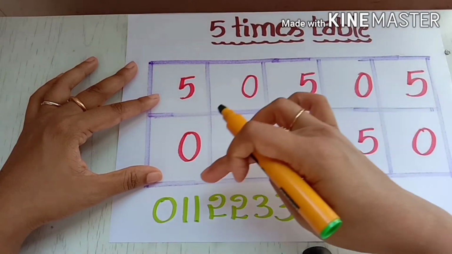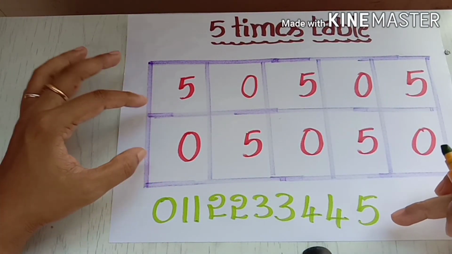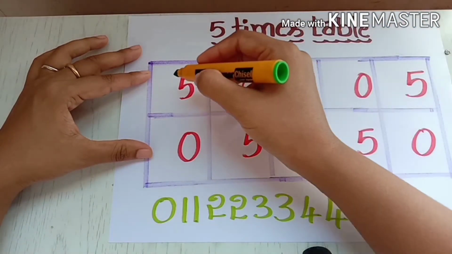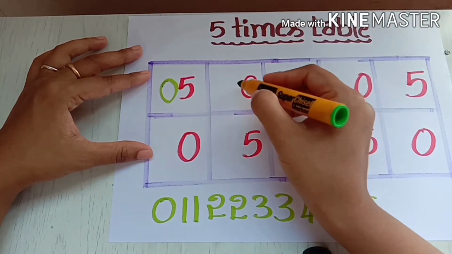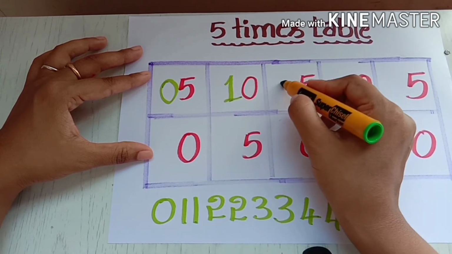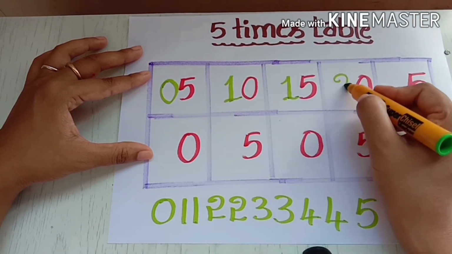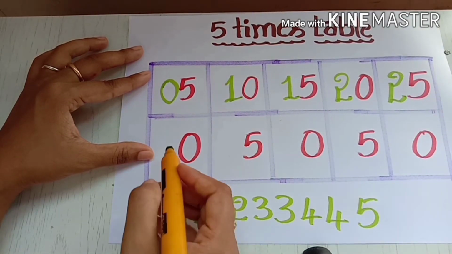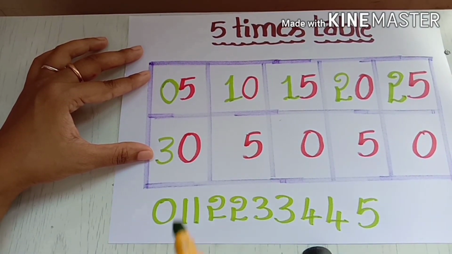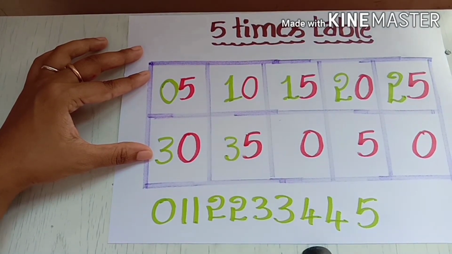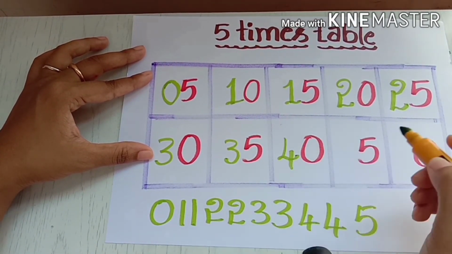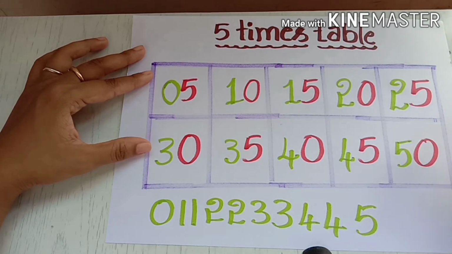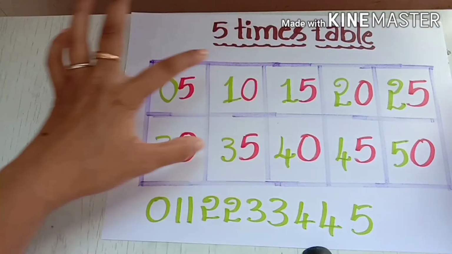I have to follow this pattern to fill the tens place of these numbers now. What is the pattern? 0, yes, 1, 1, 2, 2, 3, 3, 4, 4, 5. So now the table of 5 is ready.